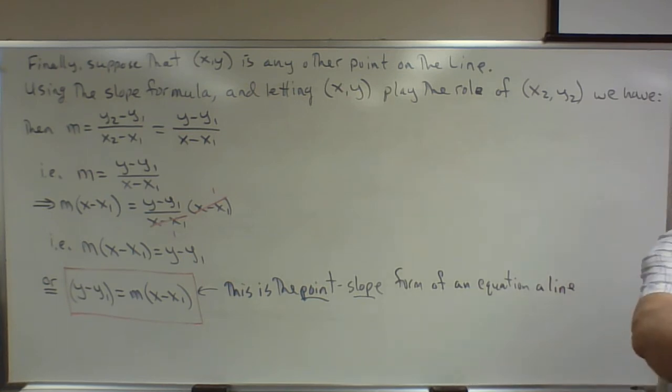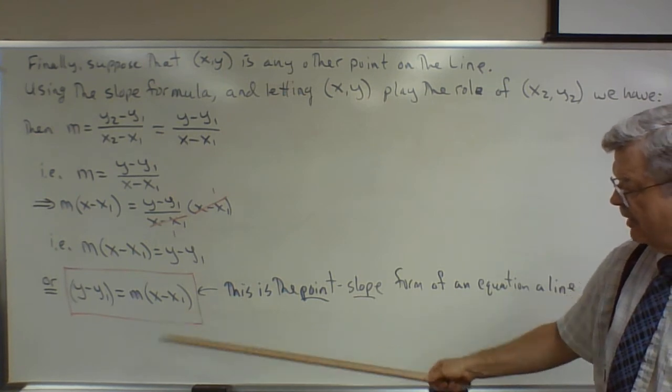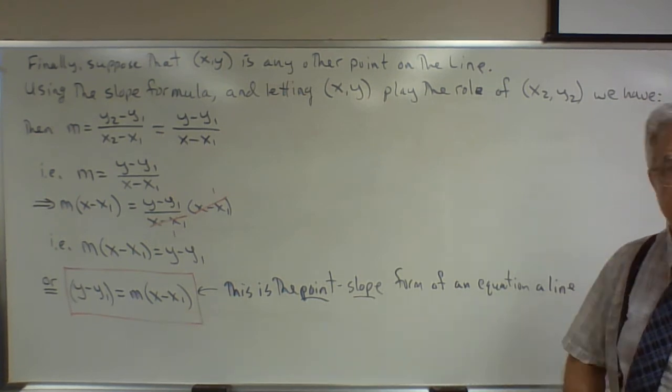What we've just come up with is the point slope form of the equation of a line.